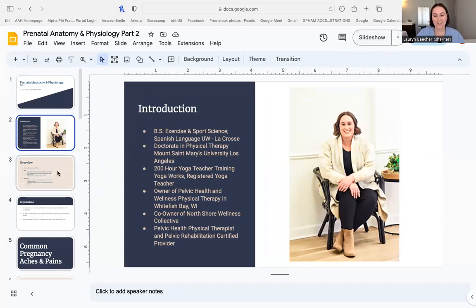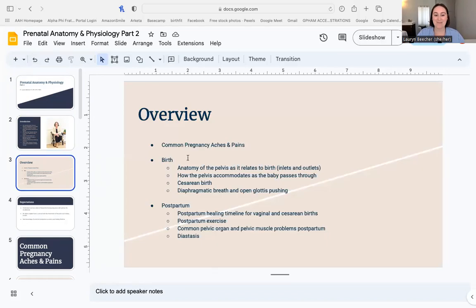So I already introduced myself here, so we can go ahead and keep things moving. As I mentioned, today our goal is to go over some common pregnancy aches and pains, and then get into a little bit about the process of birth, mostly how it impacts the pelvis. We're not going to talk through specific stages of labor or anything like that.